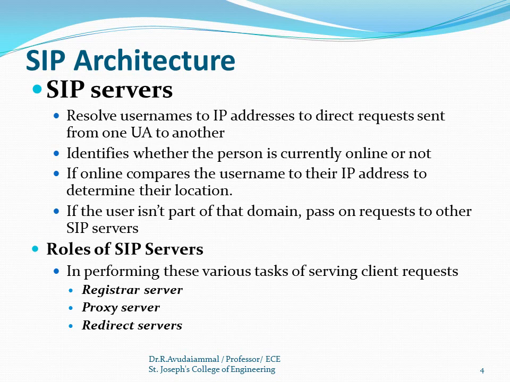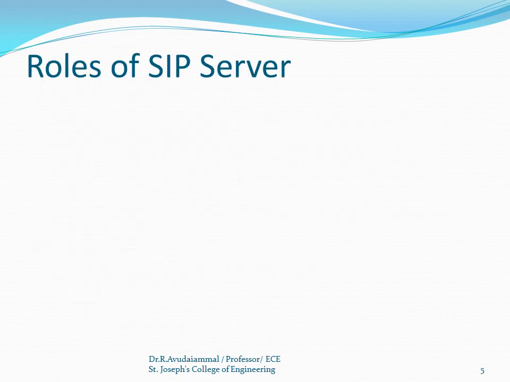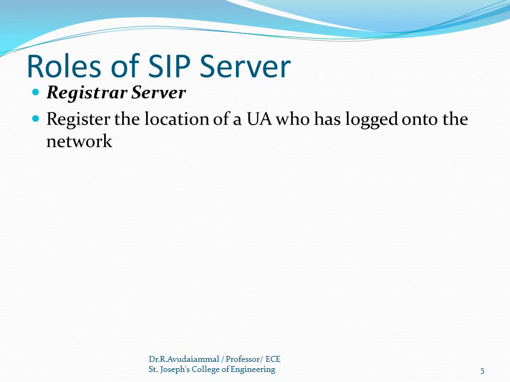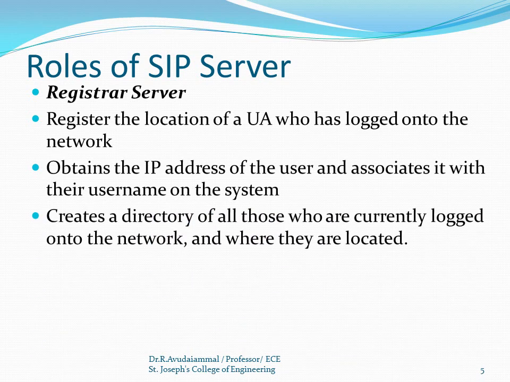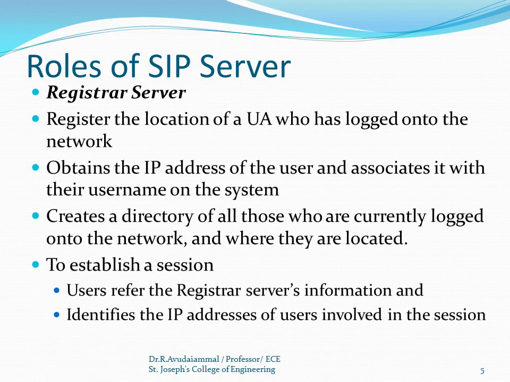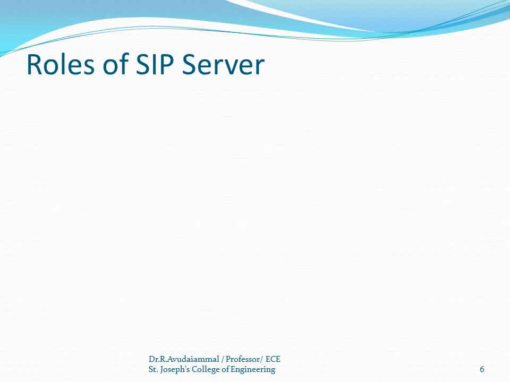We will see the functionality of each of these servers. The Registrar Server registers the location of a user agent who has logged onto the network and obtains the IP address of that user, and thereby it creates a directory of all the user agents, their names, their addresses, their IP addresses and their locations. If you want to establish a session, the user agent refers to this registrar server and gets the IP addresses of those involved in the session.